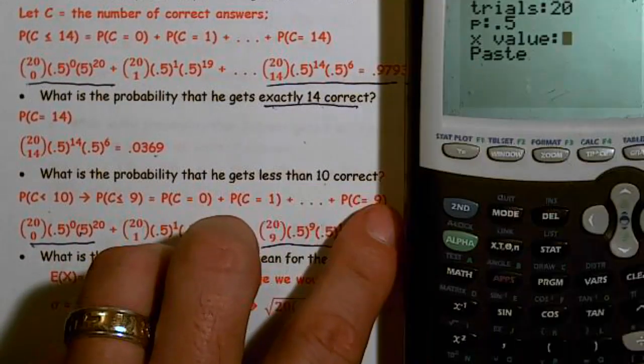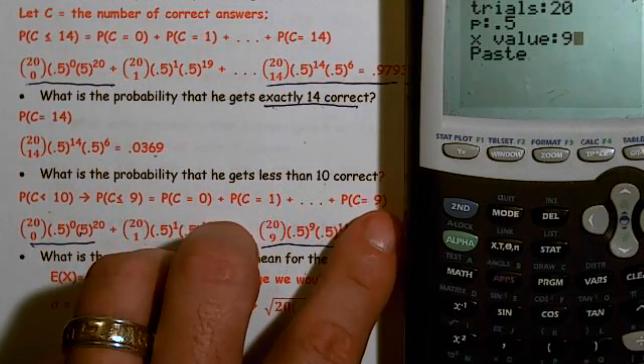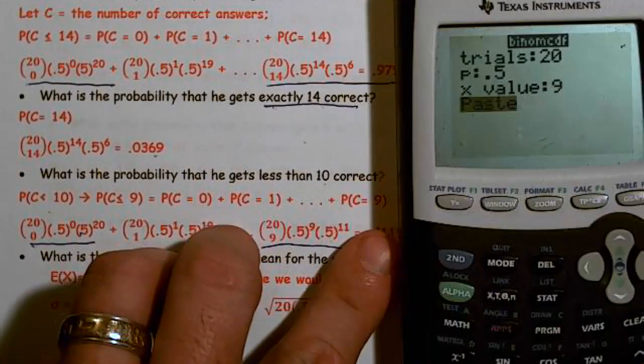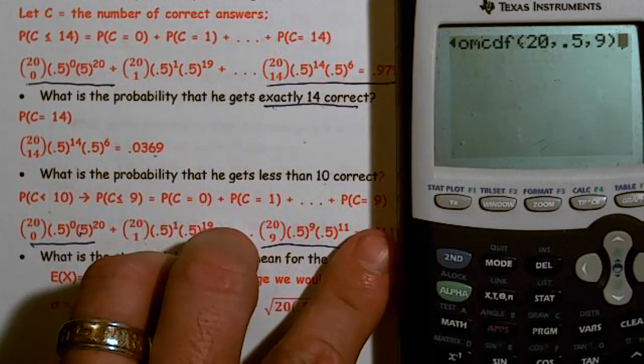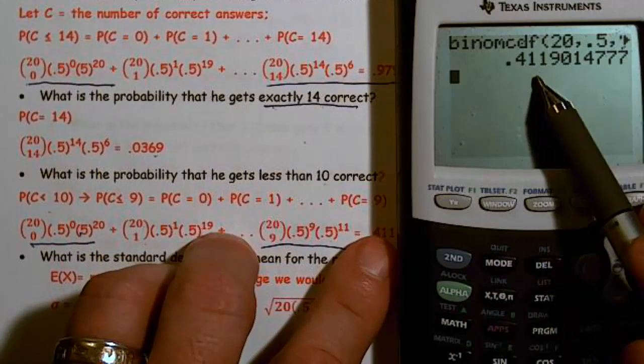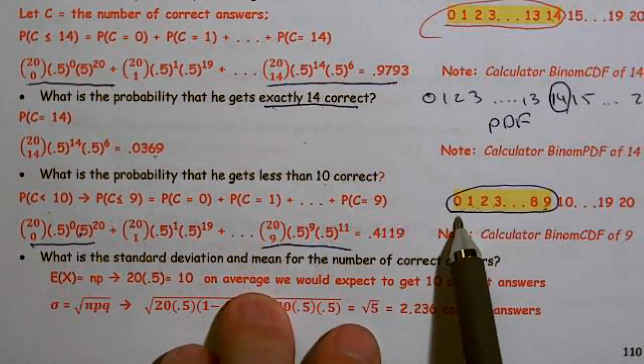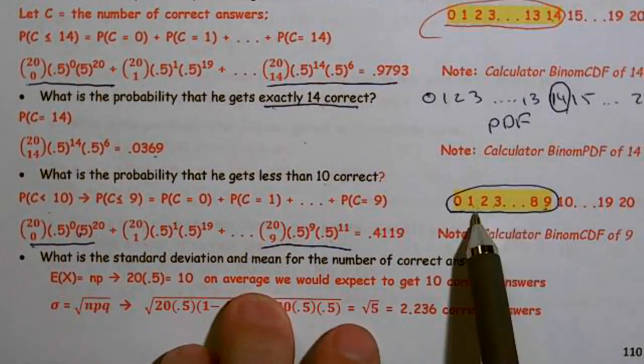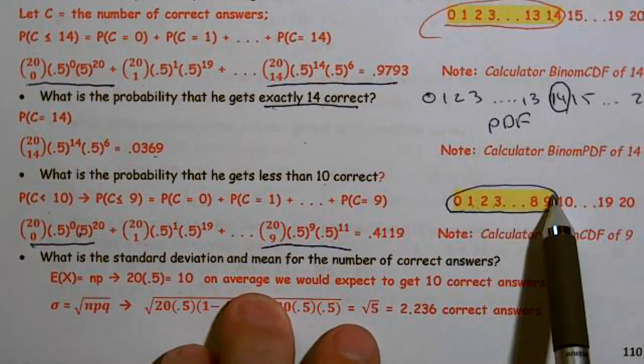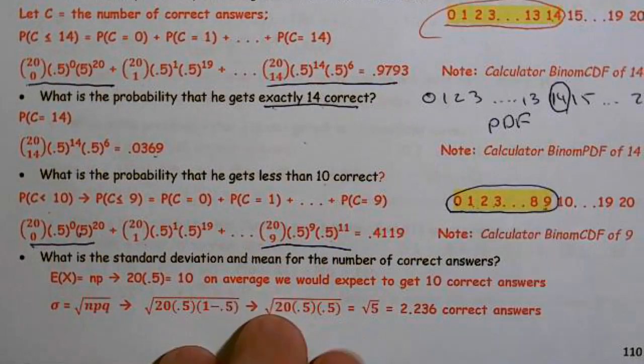Well, the number less than 10 is 9. And so there's a 0.4119 chance that Johnson guesses 9 or less correct. In other words, the probability he gets less than a 50 is about 41%.